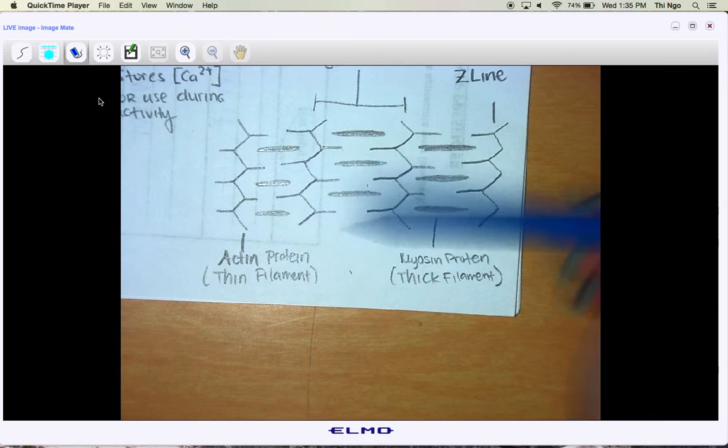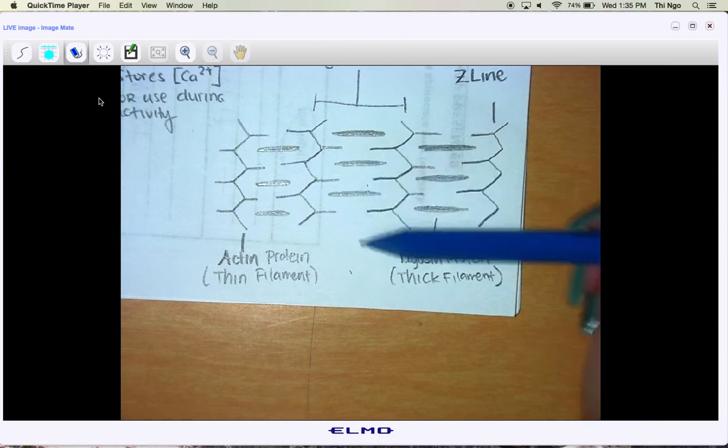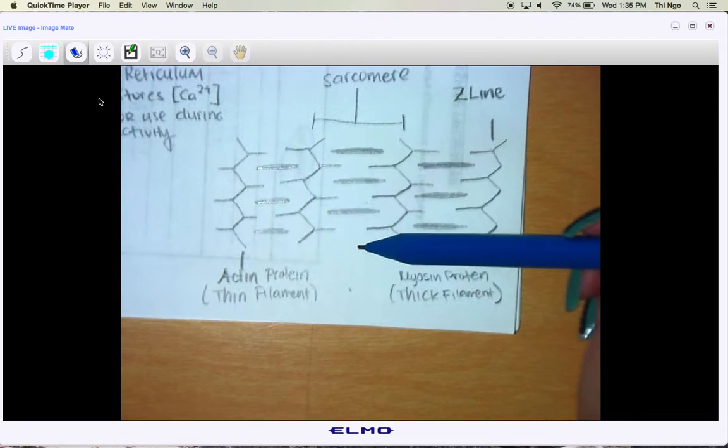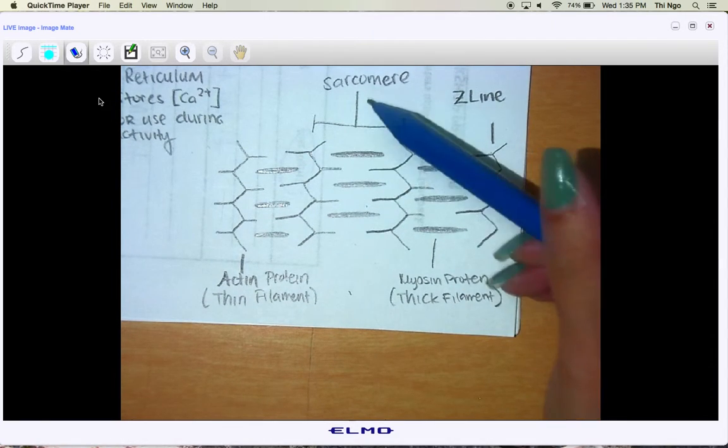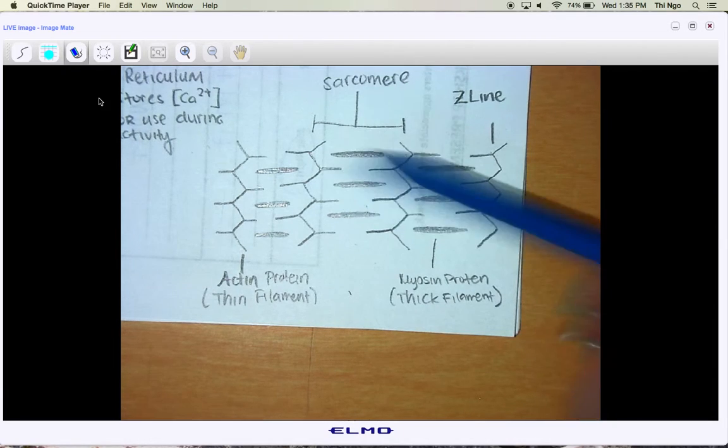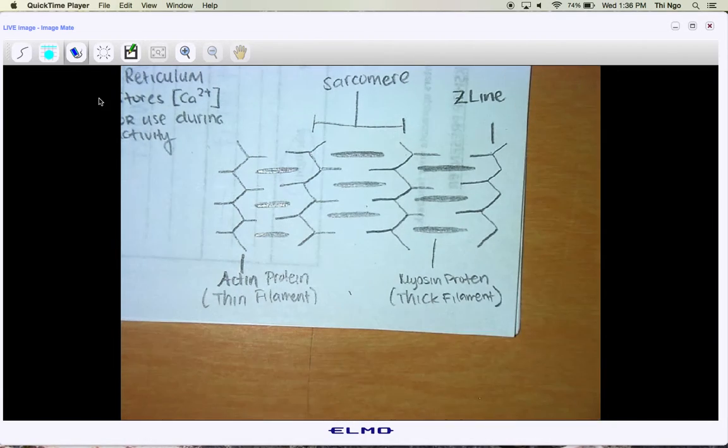Yeah, that's that part. And we'll talk about that next week a little bit closer in detail. Sorry, I didn't realize you couldn't see that. So when you have actin, myosin, actin, you have a sarcomere. And it's the interactions here that allow you to contract your muscles.